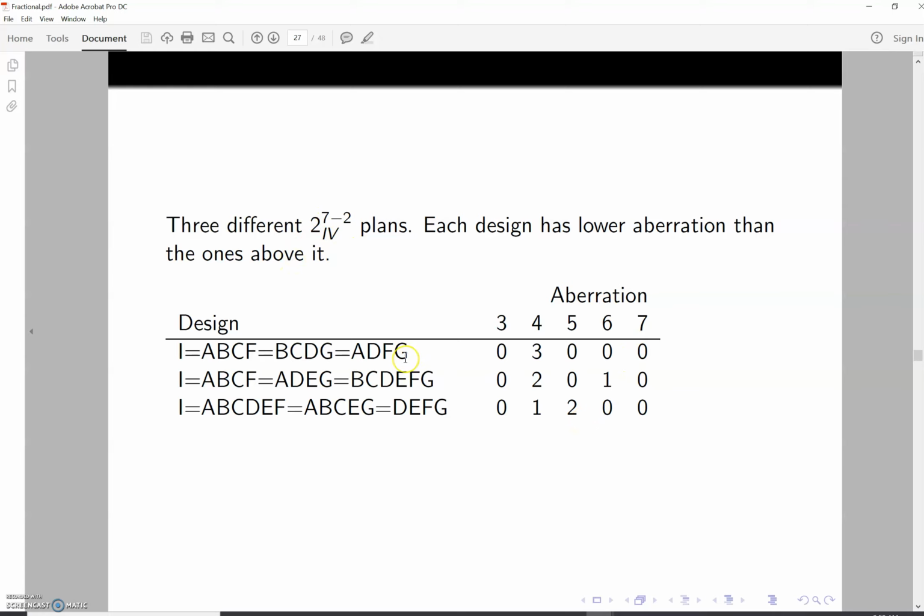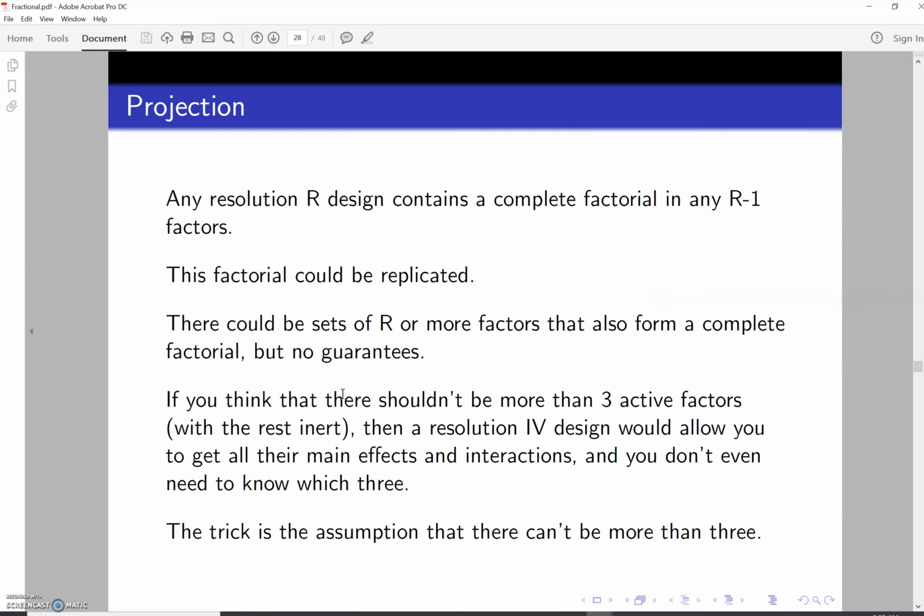This design where you use the 4 level interactions for your defining contrasts has got the highest order aberration. I would just choose between these two. I'm not sure. It would kind of depend upon what two-factor interactions you want to preserve about which one you would decide.